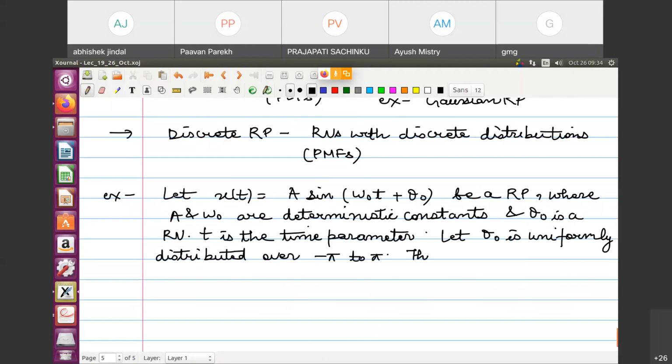Then let us define zeta, which is equal to omega naught t plus theta naught.